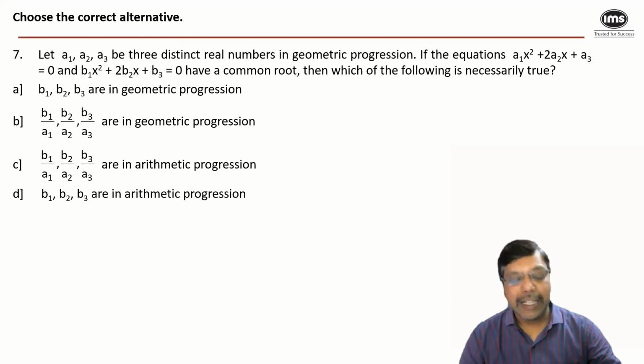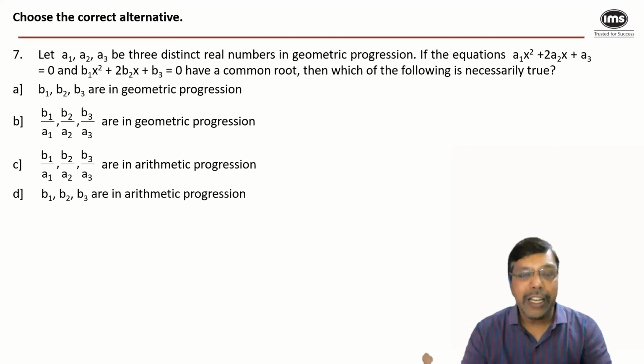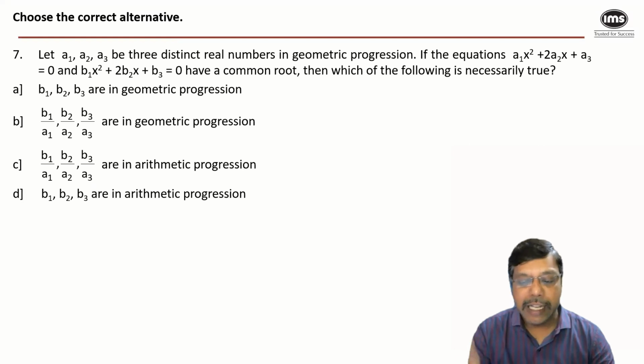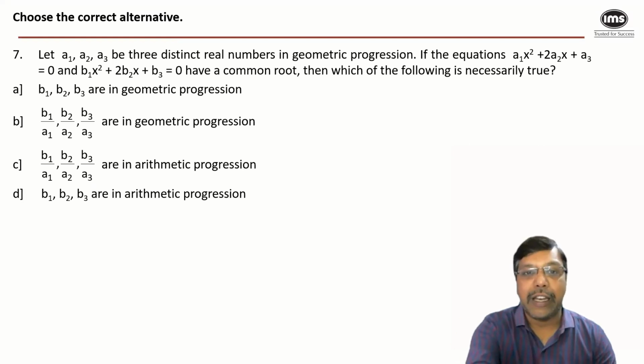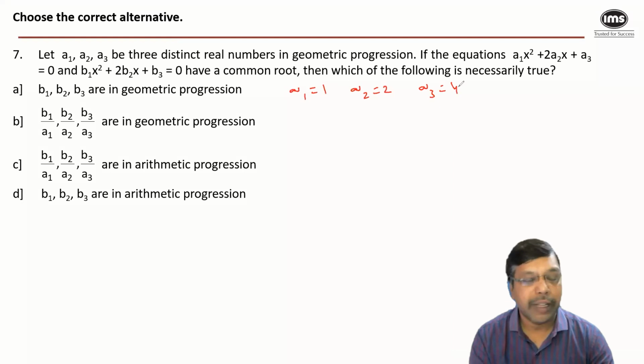Now, let me consider certain values for A1, A2, A3 so that solving the question becomes easier. Now, 3 numbers in geometric progression. So let me consider A1, A2, A3 as 1, 2, and 4. Right?